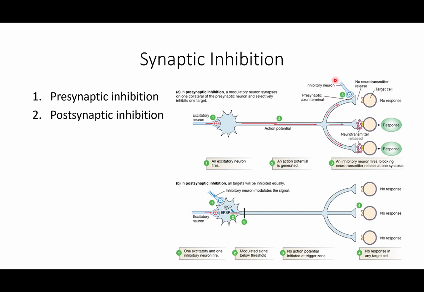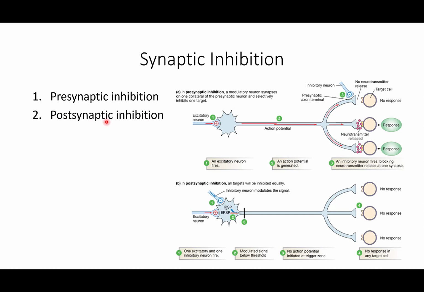And if this one is triggered, we can stop this depolarization from triggering the release of neurotransmitters. This would be a presynaptic inhibition. Now what you'll notice is on other axon terminals that don't have that inhibitory neuron, they still release the neurotransmitters and we get a response. So presynaptic inhibition can be a very fine way in which the body can inhibit one selective target.